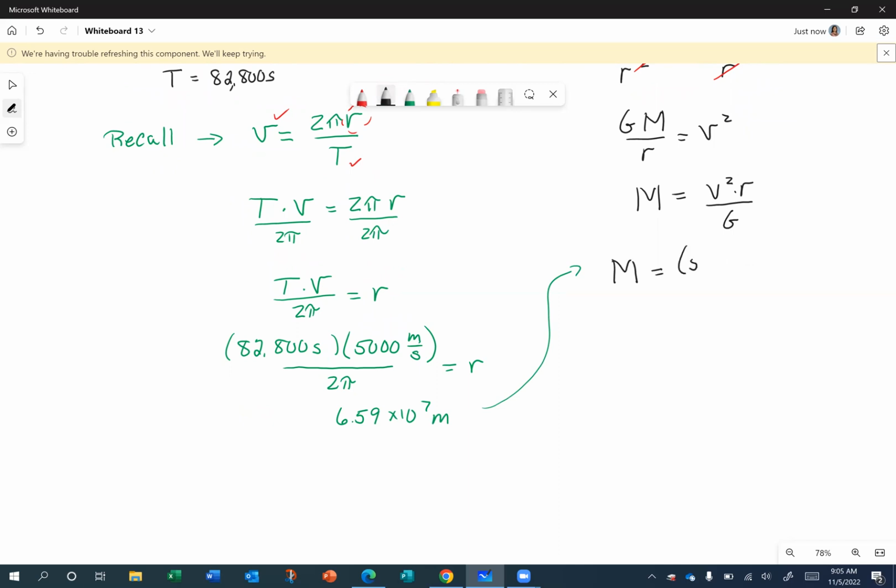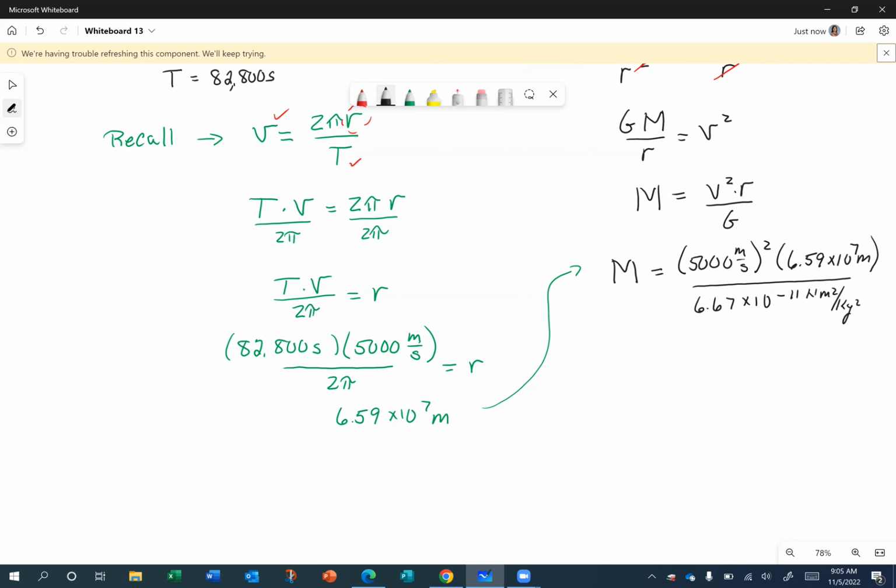V squared, 5,000 meters per second squared, times my R, 6.59 times 10 to the 7th meters, all over G, 6.67 times 10 to the minus 11 Newton meter squared per kilogram squared.